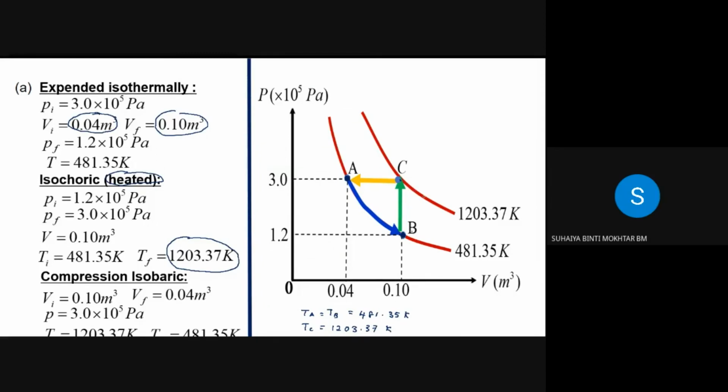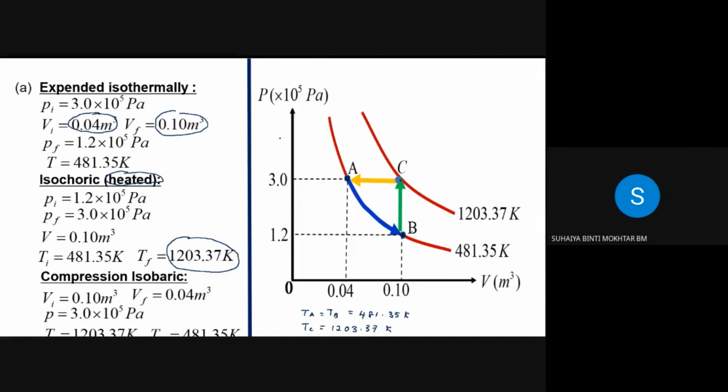Tapi temperature final wajib calculate. Temperature final mesti increase sebab case dia di heat, right? Temperature mesti increase. Case 3, isobaric, dia dah kembali ke asas, so value-value semua dah ada, tak perlu calculate lah. Dia ambil value final isochoric punya case dan dia ambil value initial untuk isothermal.